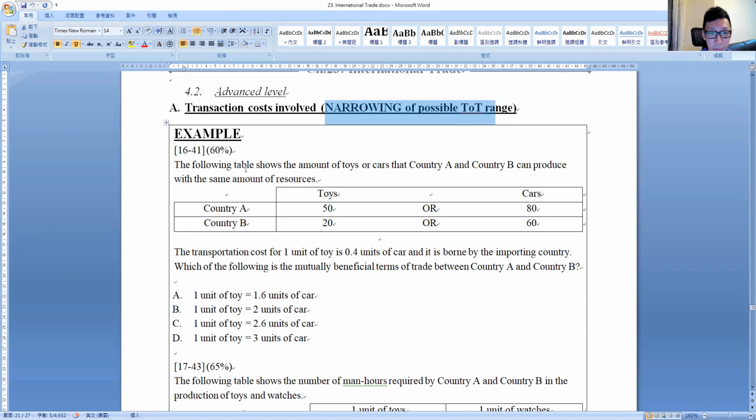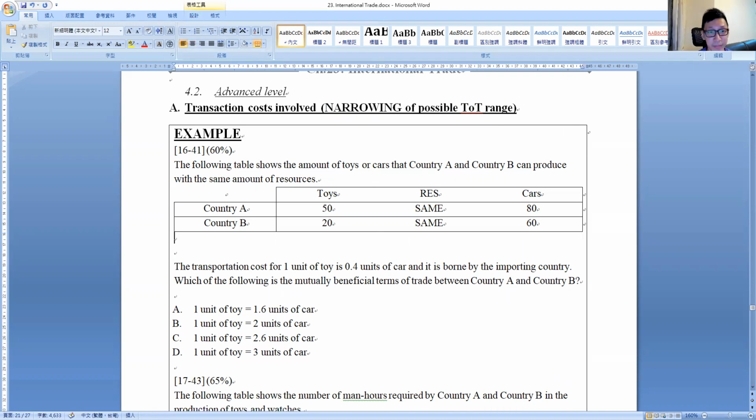So let's see how we do it. Here it shows the amount of toys and cars that can be produced with the same amount of resources. 嗱呢個啦 type 1 啊, our type 1 questions. Because we have already calculated it in our grey box, 原來你之前灰色嘅格仔就係呢條啦。我只不過 cut 咗後面啫。Because of time limitation, let's make it short.